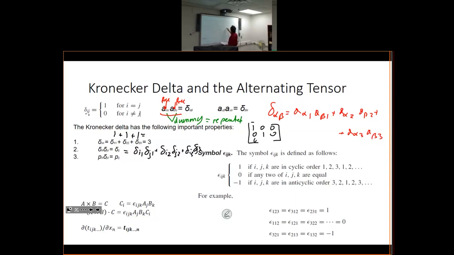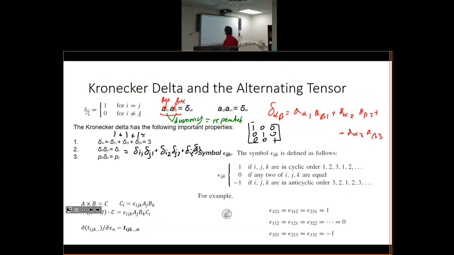This matrix is basically the unit matrix, which has all the diagonal terms equal to 1 and everything else 0. So the Kronecker delta is very useful in the expression or manipulation of tensors in our notation.